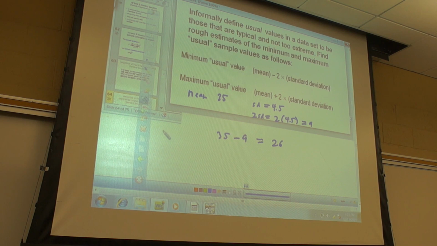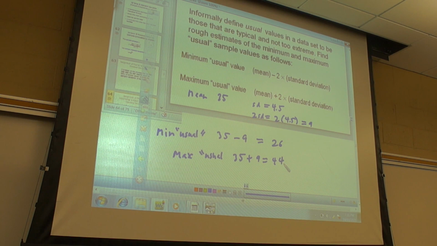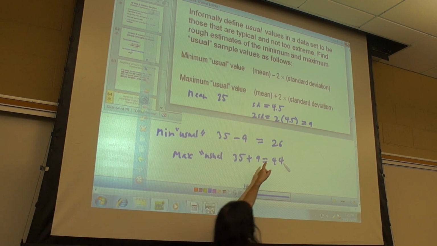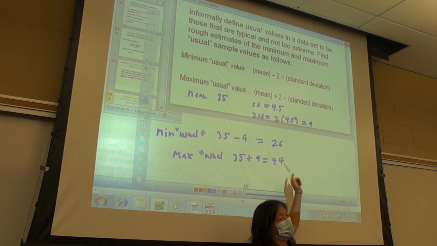That's my minimum usual value. And then my max usual value would be 35 plus 9, 44. Right, so anything beyond that might be kind of extreme-ish. Anything below that might be kind of extreme. Anything bigger than that might be kind of extreme.